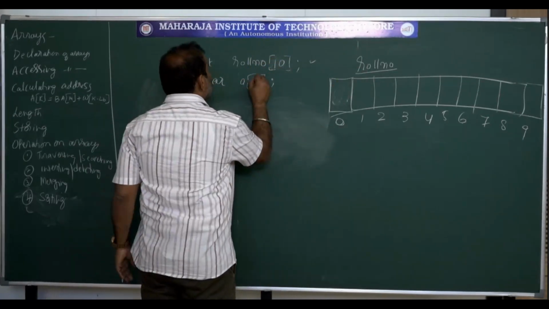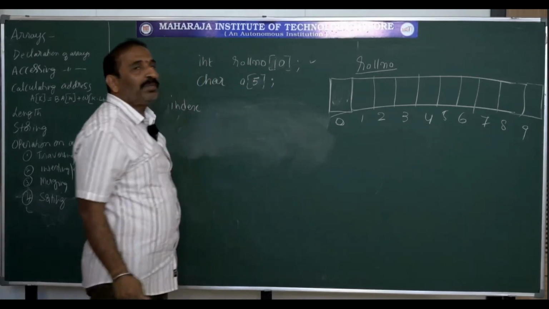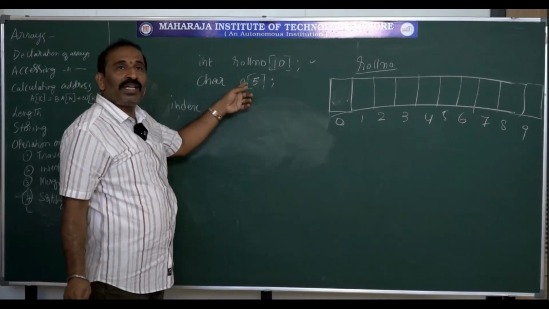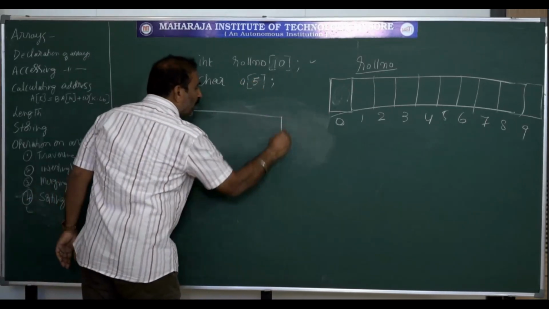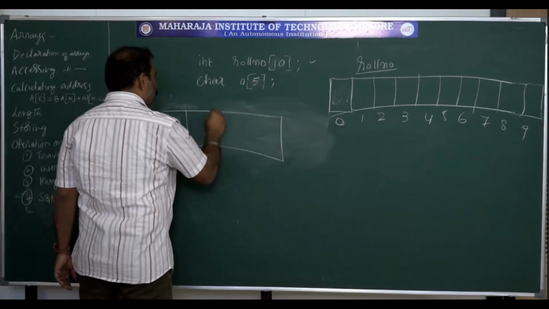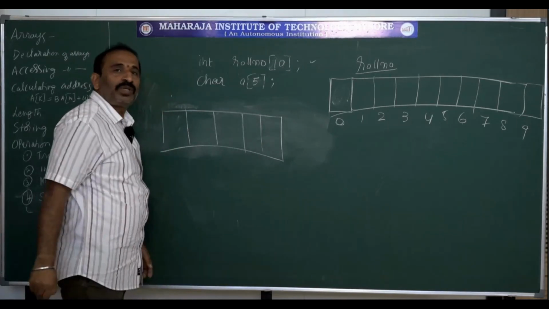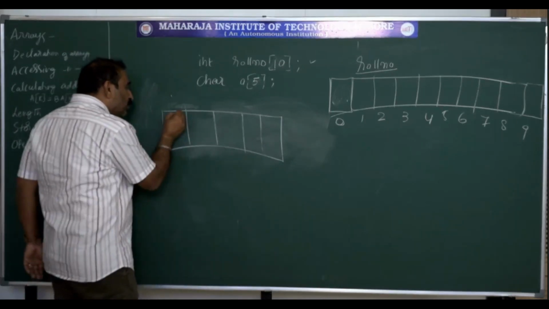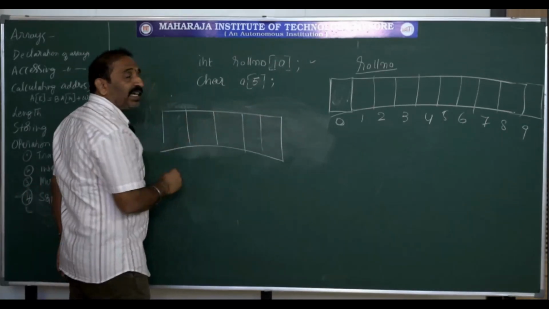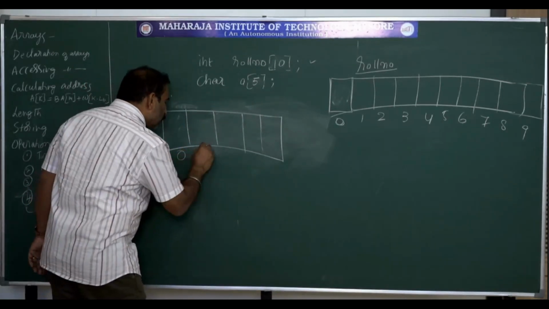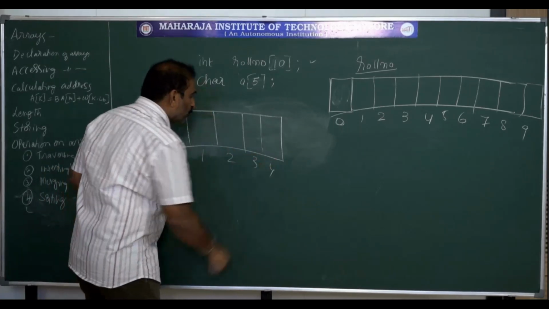Say for example, I have declared an array of type character, its name is A, of size 5. Then I have one array with 5 boxes. Each can store one character, so 5 characters can be stored. Index is 0, 1, 2, 3, 4.